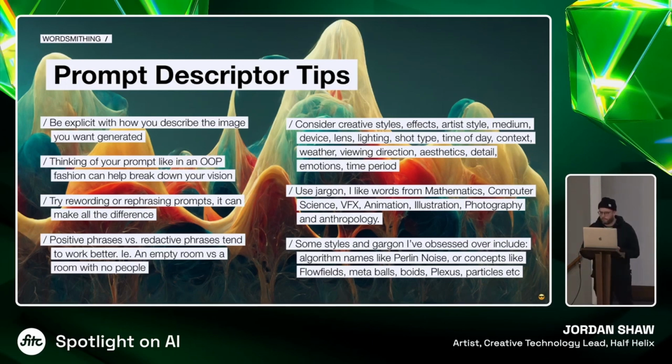In my exploration and work, using terms like Perlin noise, or algorithms like Perlin noise, and concepts like flow fields, metaballs, plexus, and particles work really well to getting really dynamic and interesting output.